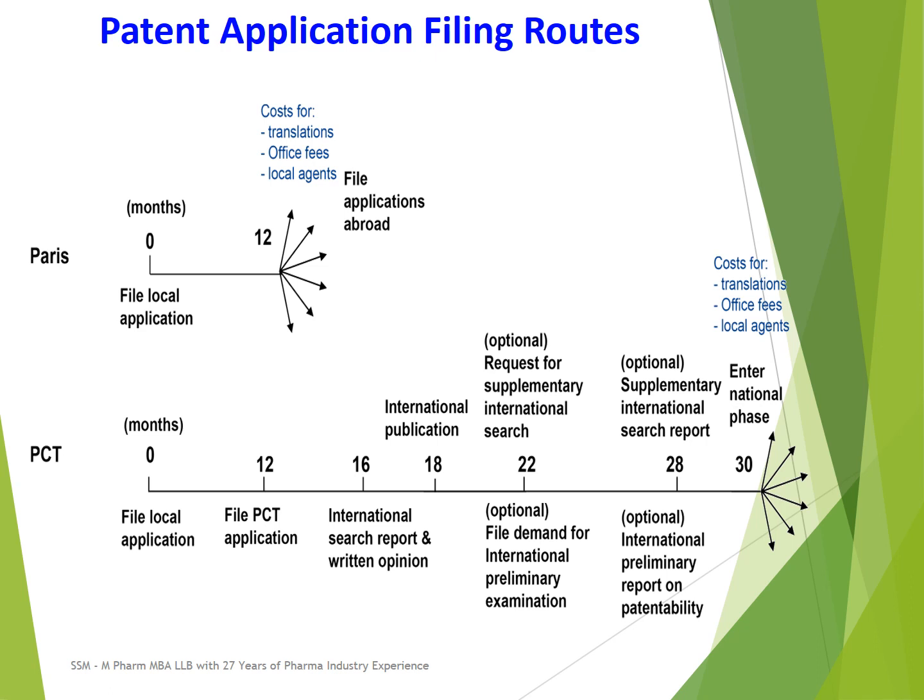So at 16 months, the patentee or applicant will get this report on search and on written opinion on patentability. Based on that report, he can find out whether his invention is patentable or not patentable. Based on that, he can decide whether he wants to file an application abroad or not.